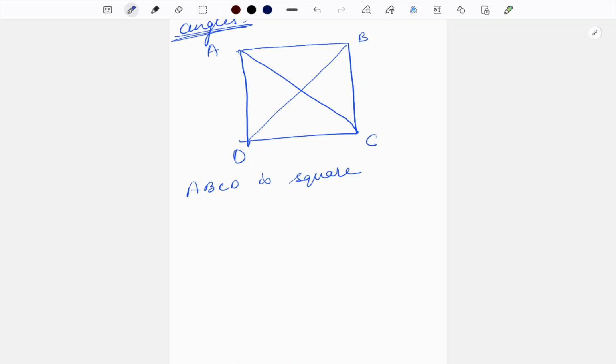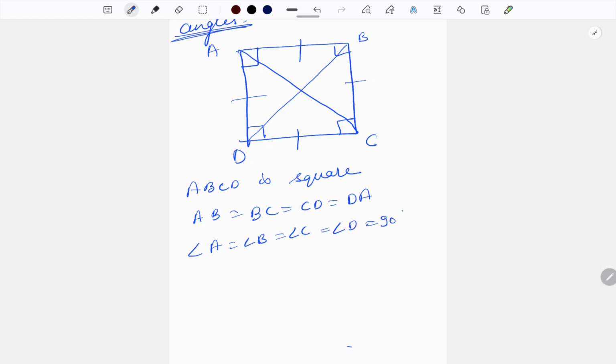Okay, so very simple. So AB is equal to BC is equal to CD is equal to DA, and angle A is equal to angle B is equal to angle C is equal to angle D is 90 degrees. These two conditions are given. This we have derived from the question.